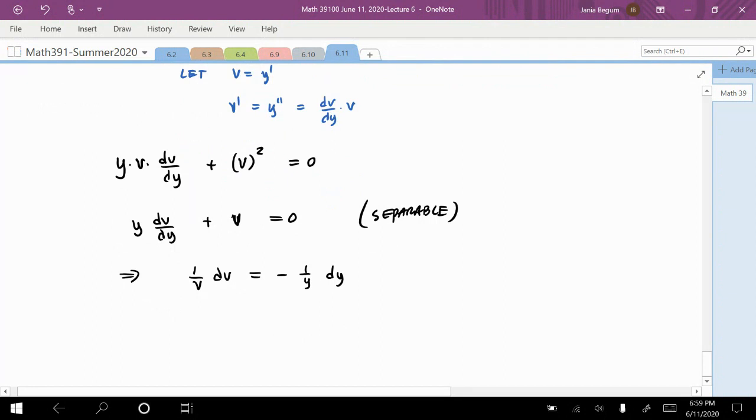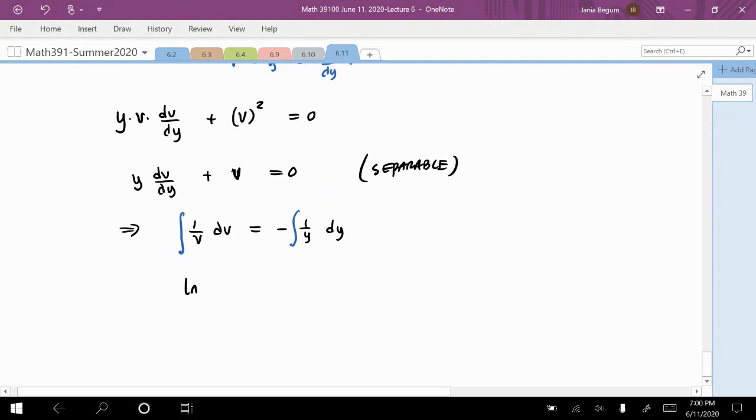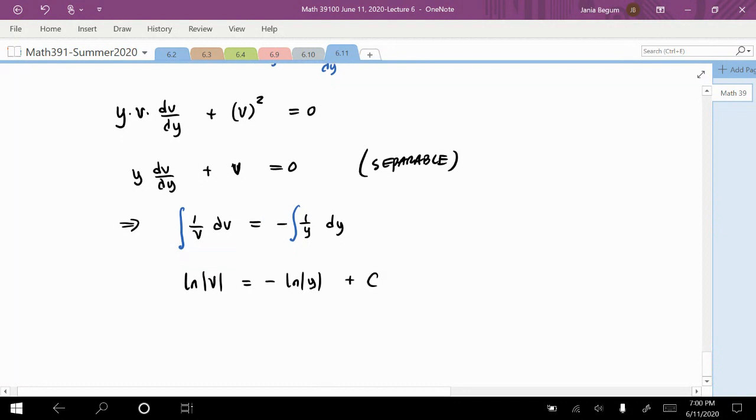Now that I have carefully separated the variables, I can integrate them. On the left side, we have ln of v. On the right side, we have negative ln of y plus a constant c1.